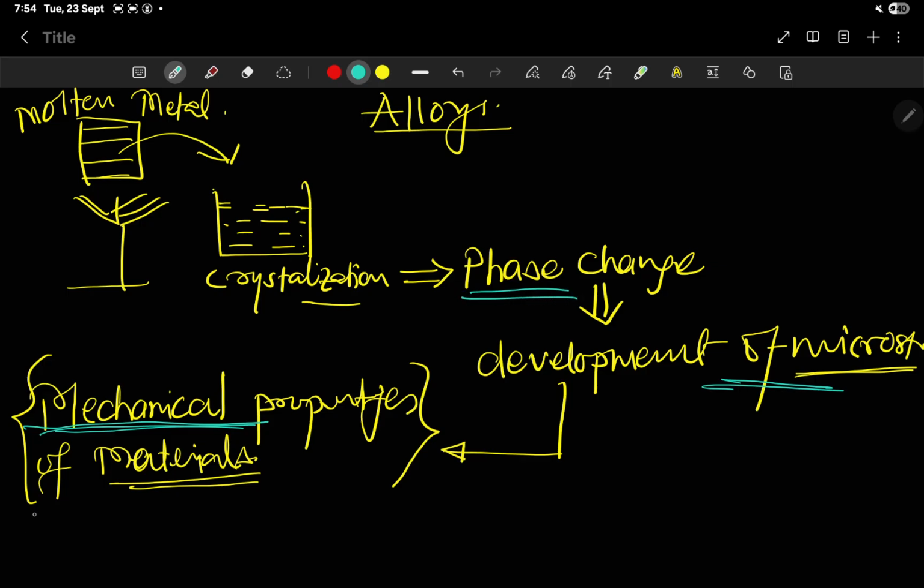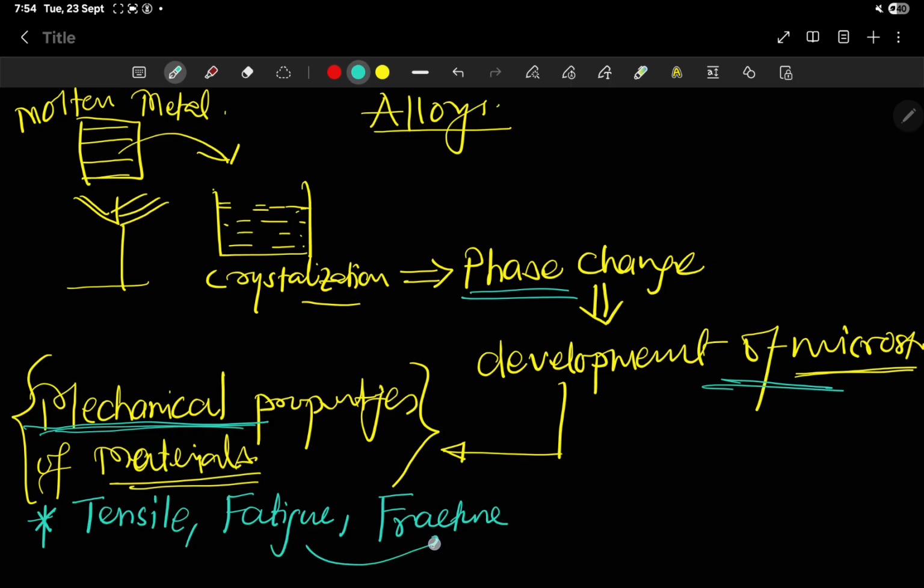But there are other mechanical properties, such as fatigue, fracture, creep.